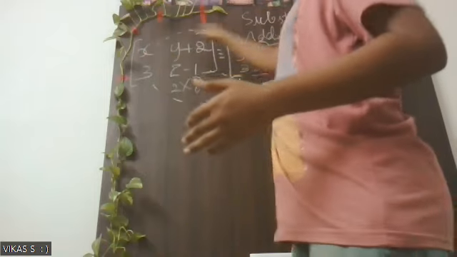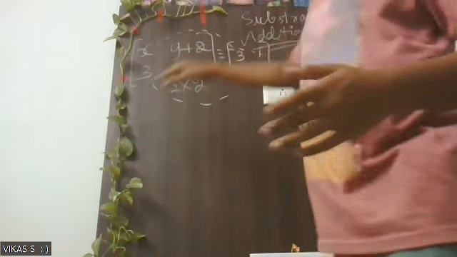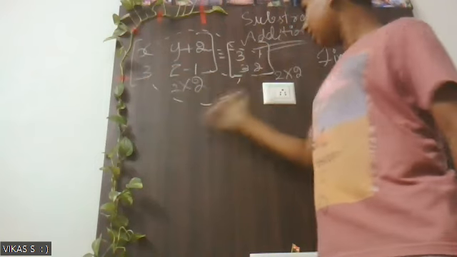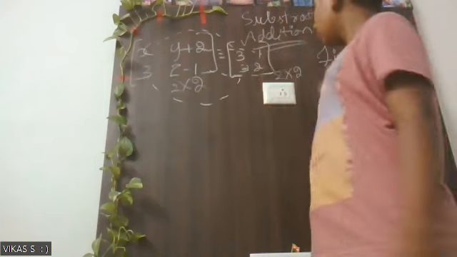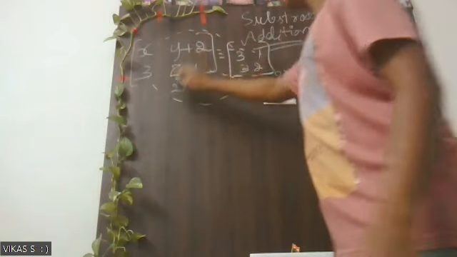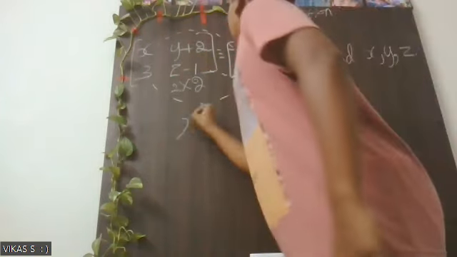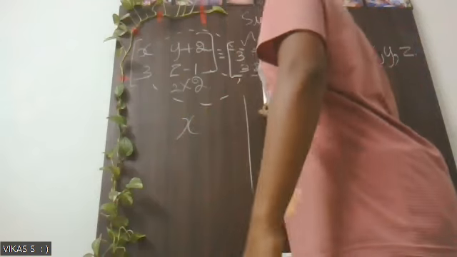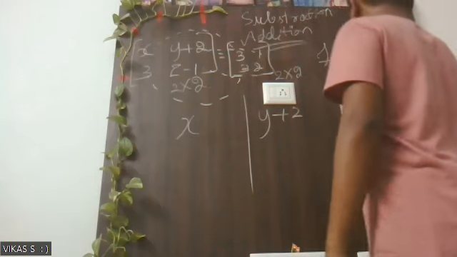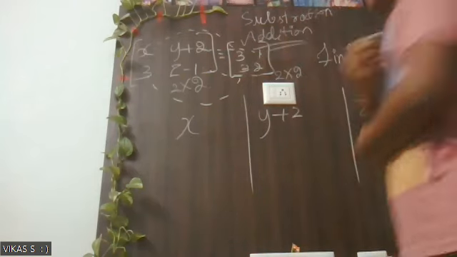So x equals 3. We don't have to take 3 over here. We already know it's 3. They have given x, y, z, so we'll take x, y plus 2 and z minus 1. First, x one side, y plus 2 one side, and z minus 1 the other side.